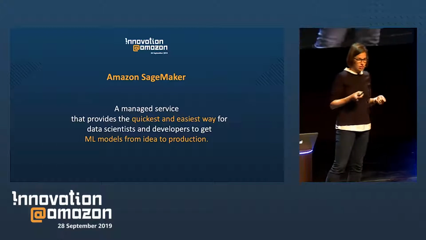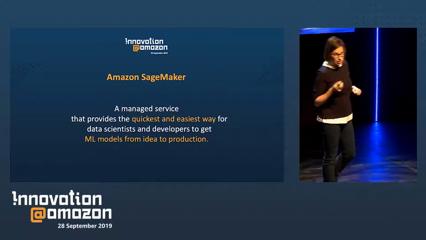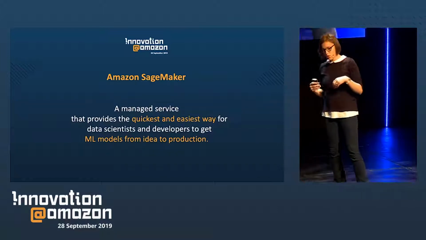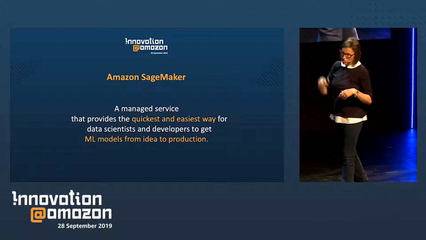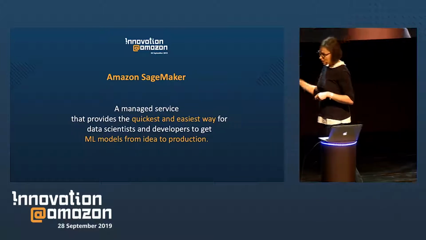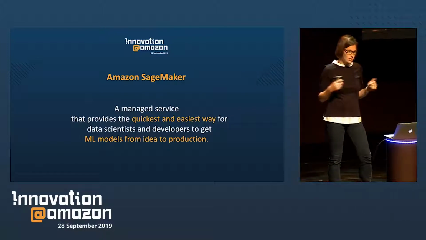And the average cycle takes between 6 to 18 months. So it's a long process. You collect the data, clean the data, then you train your model, then you make some iterations because the first model does not work that well. So you do those cycles, and in the end, you are happy with your model and you want to deploy it and use it in production.